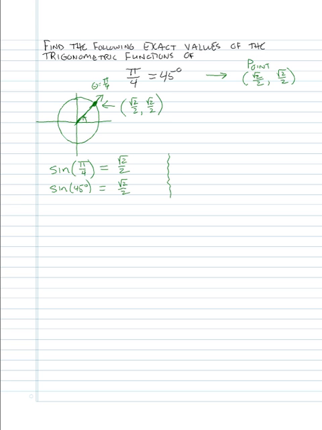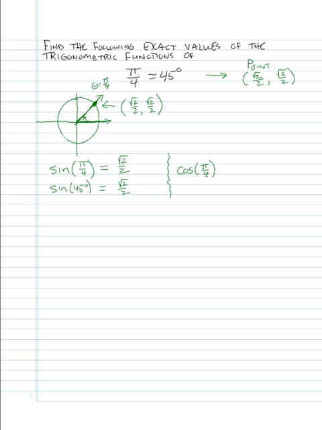Okay? Someone asked us to calculate the cosine of pi over 4. Well, what would we do? We would go to our unit circle. For the angle pi over 4, we would look at the point where the angle intersects the unit circle. Remember, the angle we're talking about has an initial side on the positive x-axis, and the terminal side is going to intersect the unit circle somewhere.